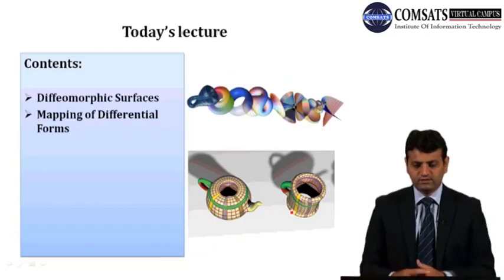So what we have seen in this lecture, so we have seen what are diffeomorphic surfaces, और इस चीज़ में हमने देखा कि apparently जो बहुत different size की दो surfaces हैं, they could be diffeomorphic.